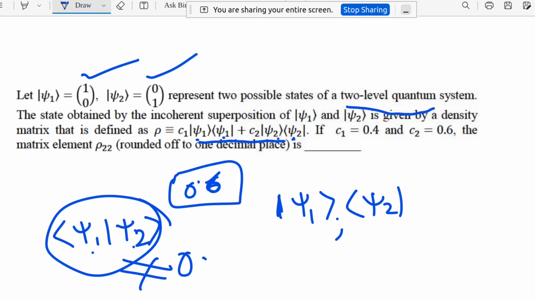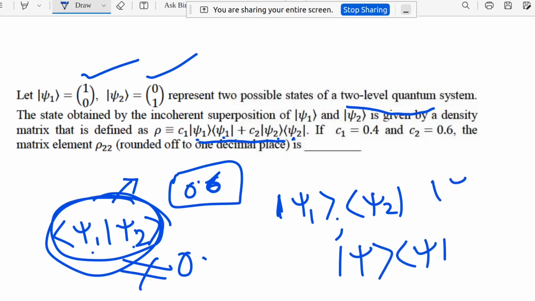But in coherent superposition, that type of superposition will also be present, and for that case the bracket of psi 1 and psi 2 will give a non-zero value. But here we are talking about incoherent superposition, so it will be like ket, then bra, then again ket, then bra, like that. That's why we can write like that. If it were a coherent superposition, then we could have a non-zero value of psi 1 psi 2 bracket notation. That is the thing.